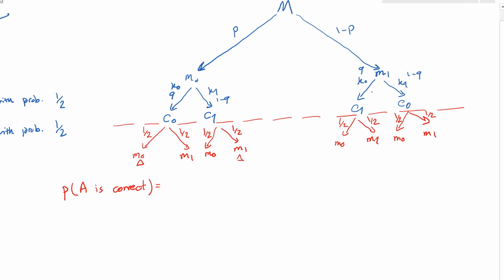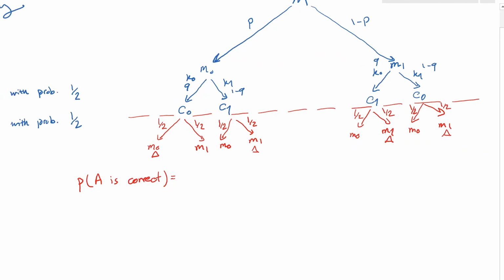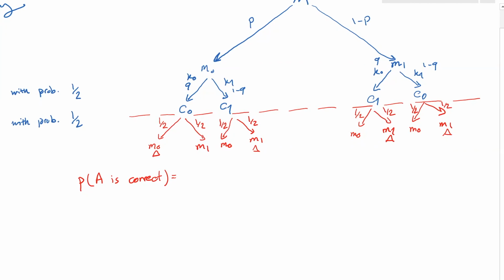Over here we have M1, and he says M1. Again over here, we have M1, and he says it is M1. I'm sorry, over here it is this one; the message is M0.